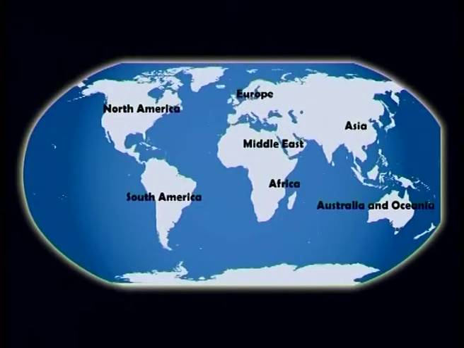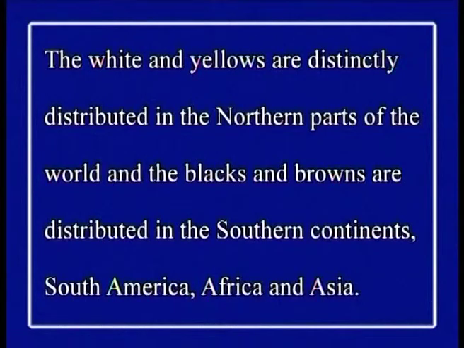And if you see the distribution across the world, the white and the yellows are distinctly distributed in the northern parts of the world, and the blacks and browns are distributed in the southern continents, South America, Africa, and Asia.